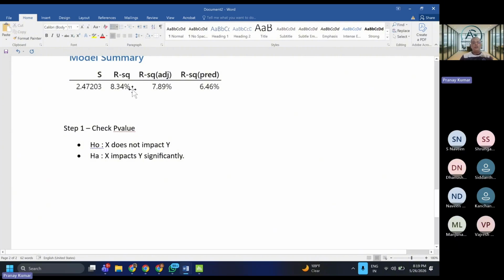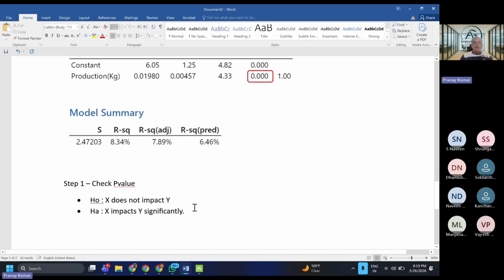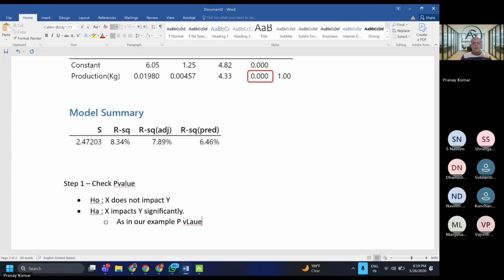In our case, we see that our p-value is 0, as in our example, p-value is 0, which is less than 0.05.